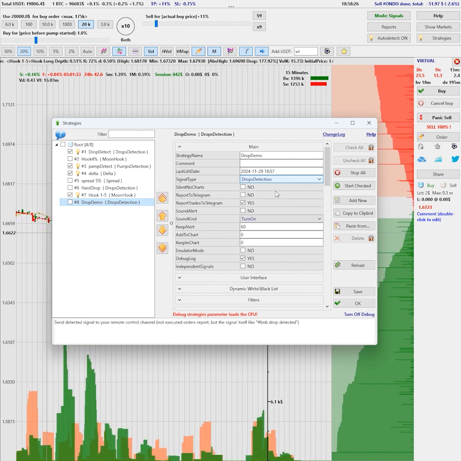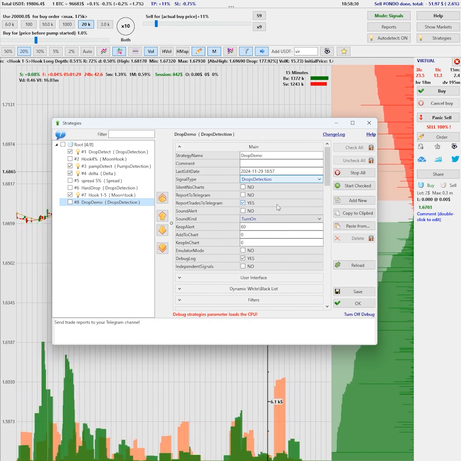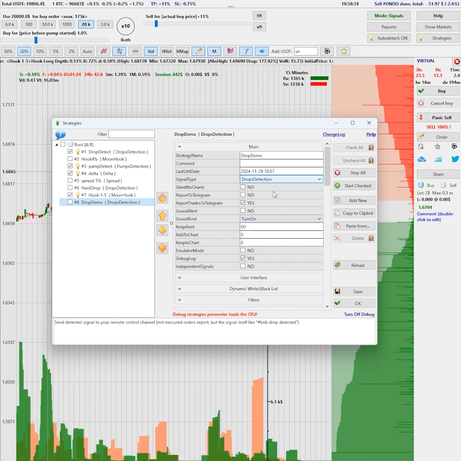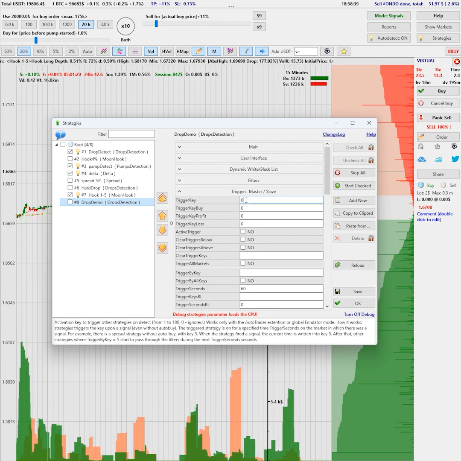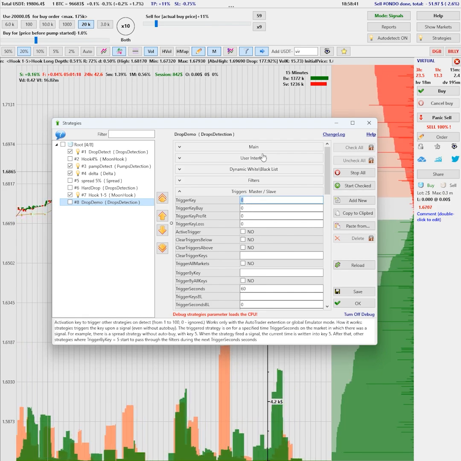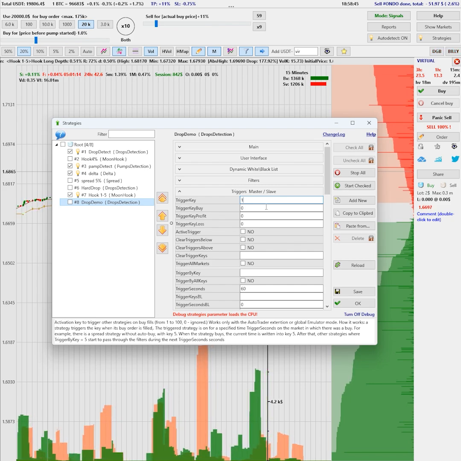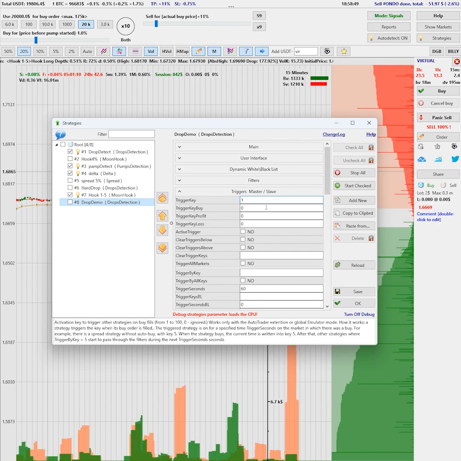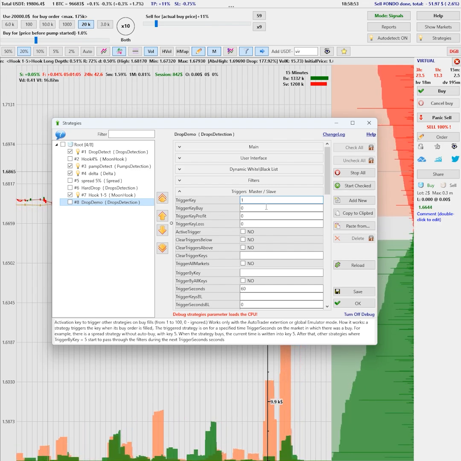It's going to detect the drop, certain filters, yada yada yada, and then whenever it does that, it will trigger another strategy. So the trigger key says that this drop detection strategy will have a key one. The key one is just a unique identifier saying that this strategy has a trigger key one.